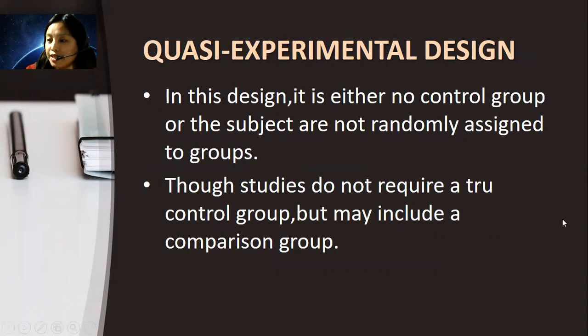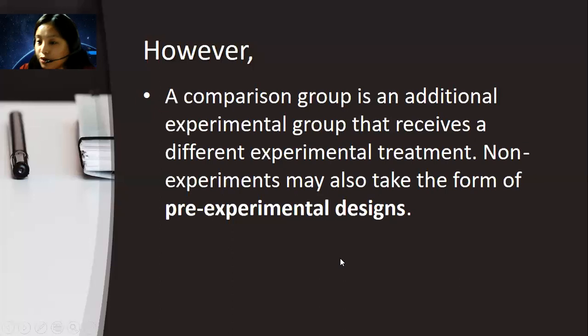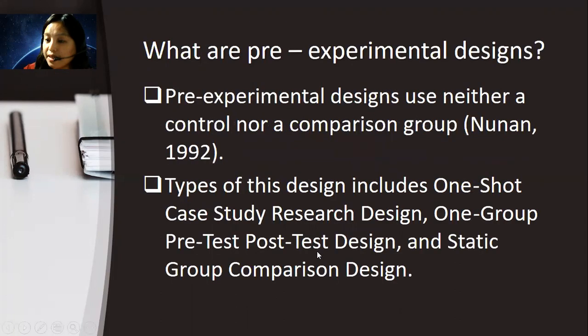And the quasi-experimental design. In this design, there is either no control group or the subjects are not randomly assigned to groups. Studies do not require a true control group but may include a comparison group. However, a comparison group is an additional experimental group that receives a different experimental treatment, and quasi-experiments may also take the form of pre-experimental design.